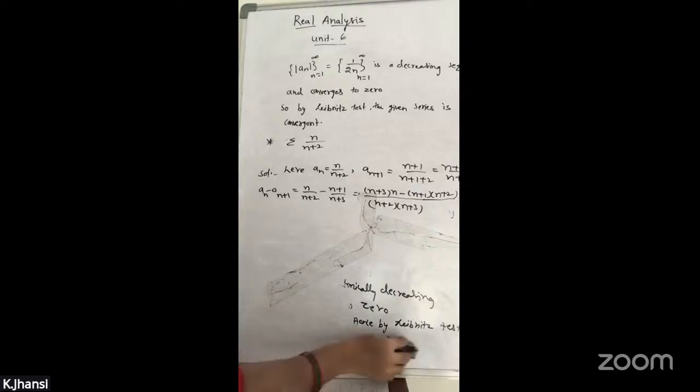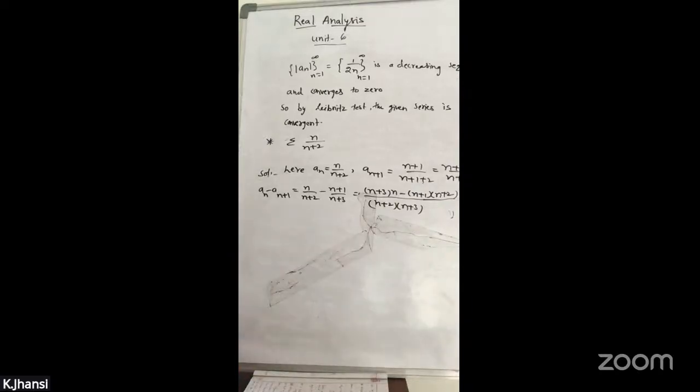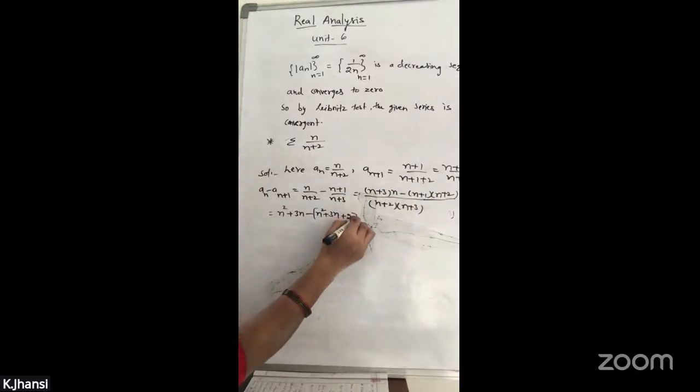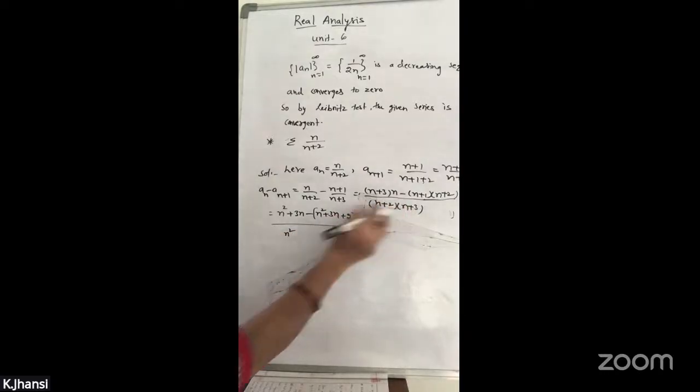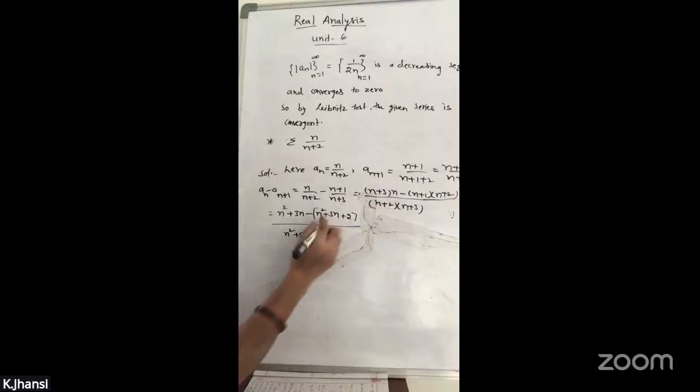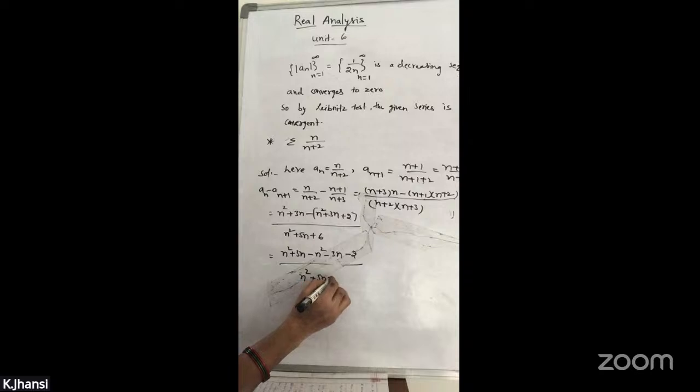So if you simplify this, it is equal to n square plus 3n minus n square plus 2n plus n plus 2, which is n square plus 3n minus n square minus 3n minus 2, by n square plus 5n plus 6.